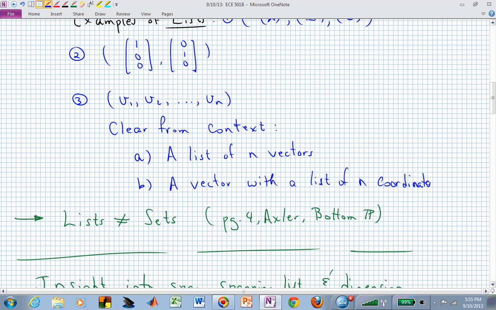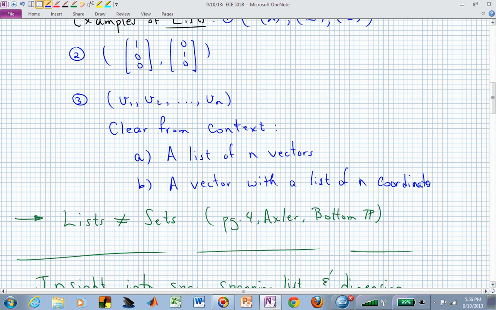Another example of a list would be v sub 1, v sub 2, on up to v sub n. And we really sort of overuse this notation, but hopefully it will be clear from the context. You could see me use this as a list of n vectors, where you could think of each of these v1, v2, and v sub n actually representing a vector object.